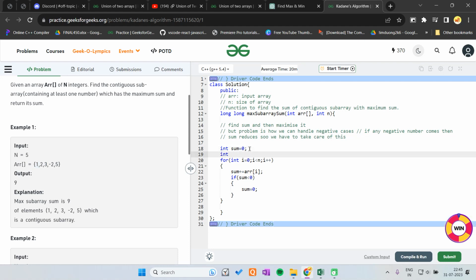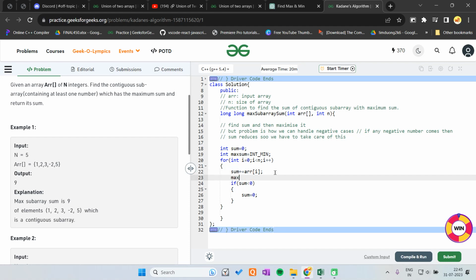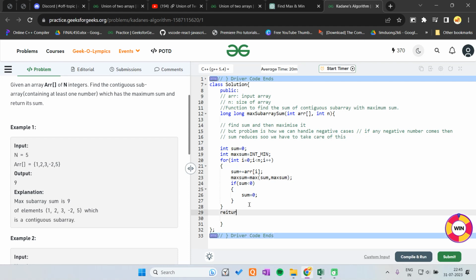So maximum is initially int min, and maximum is the max of sum and maximum. And the answer is maximum.